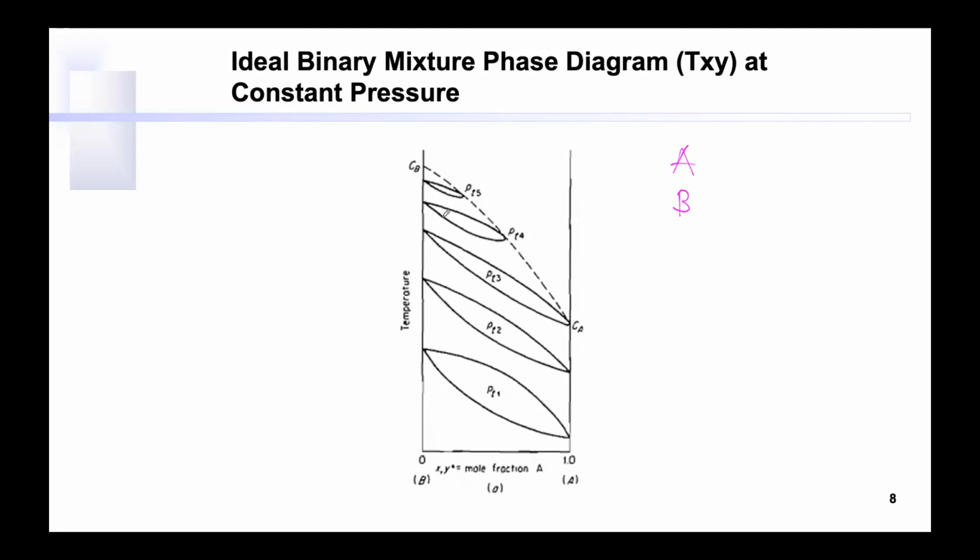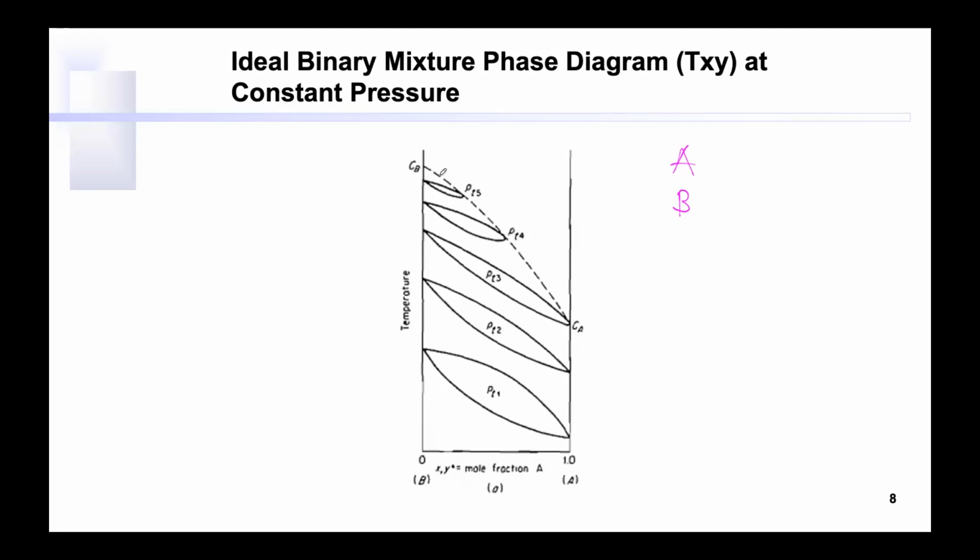So for example, we have an impression that A is the one that we want to get the purity of, ya, yang ingin kita ambil. So this one is good because at this pressure, it goes from 0 to 1. If we started, for example, at 0.3 of A, we can maybe do a number of distillations to get these points.